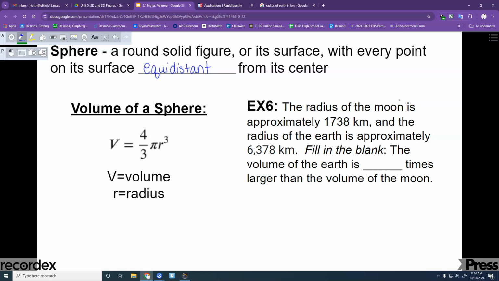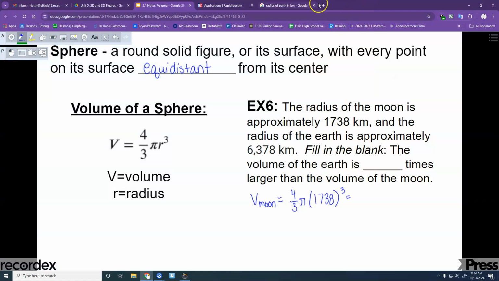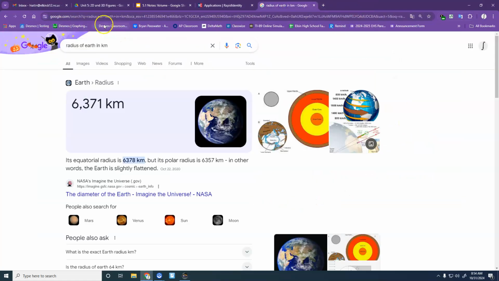So if we're going to do volume of the moon, I'm going to call it V with the moon, like that's my subscript. That would be 4/3 pi times the radius, 1738 cubed. And it's probably going to be a huge number. Let's open Desmos so I can type that in.